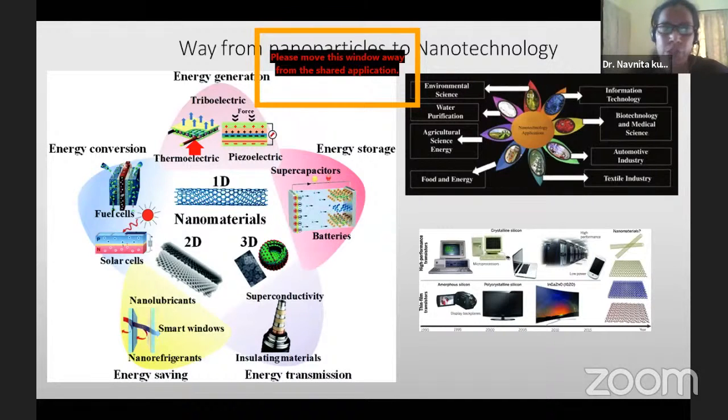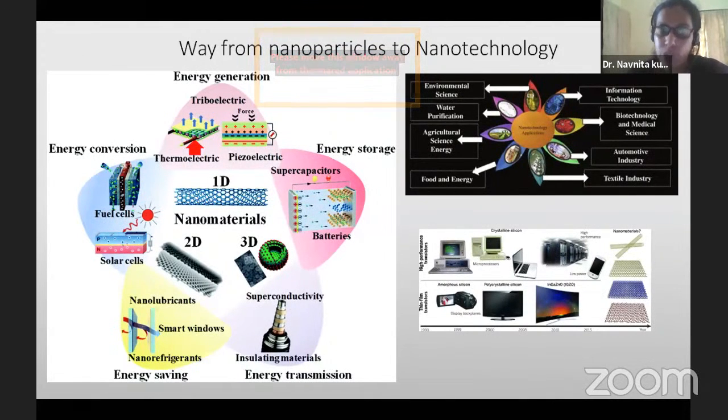So energy conservation by using fuel cells, solar cells, thermoelectric and piezoelectric properties, supercapacitors, energy transmission by insulating materials, superconductivity, nano lubricants, smart windows, and nano refrigerators are also energy saving ways for us.